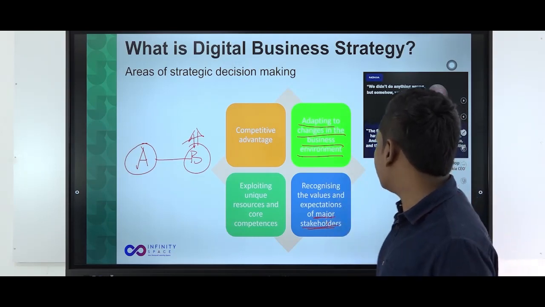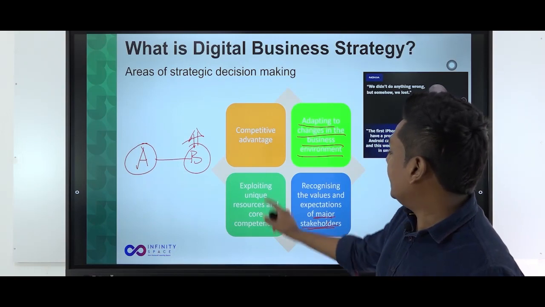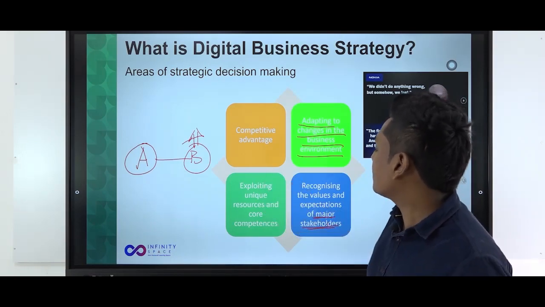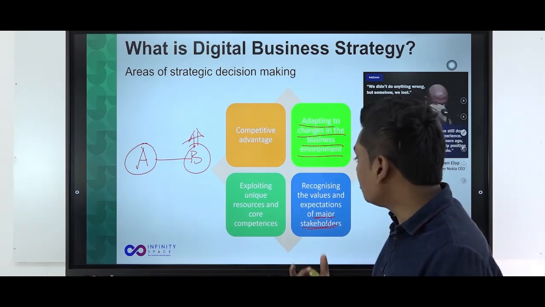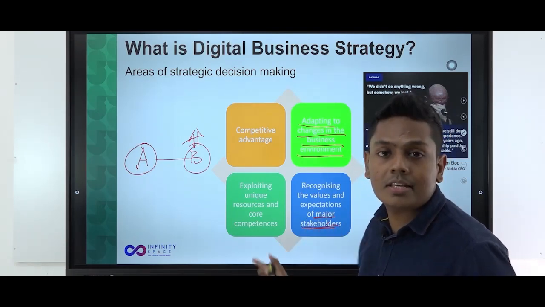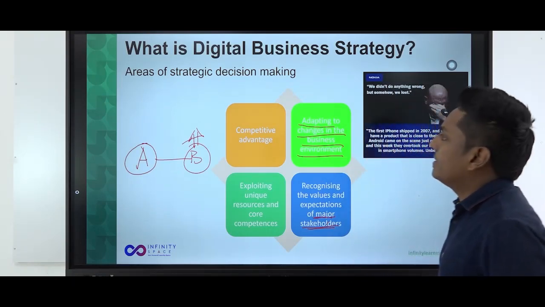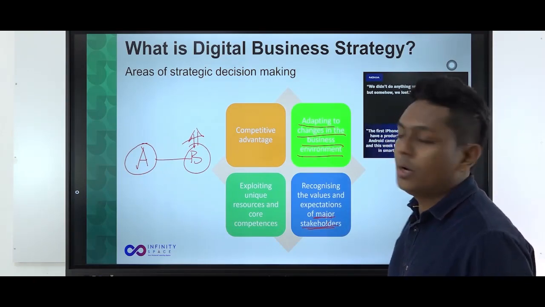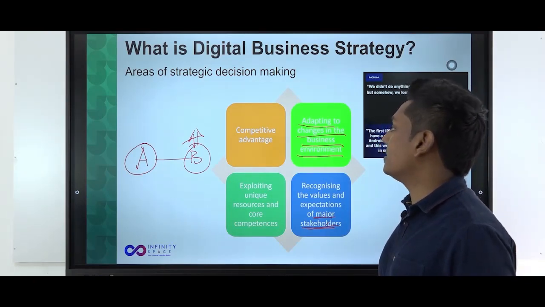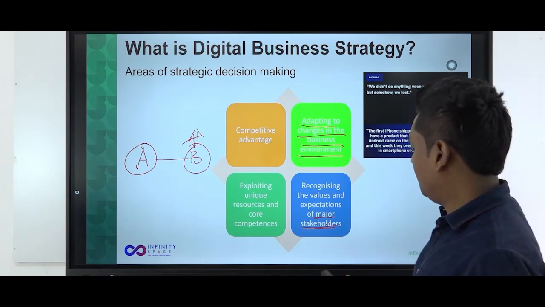Likewise, recognizing the values and expectations of major stakeholders, and then exploiting unique resources, how to make maximum use of these unique resources and core competencies. Those are the areas organizations need to consider in strategic decision making, right? Okay, let's move ahead.